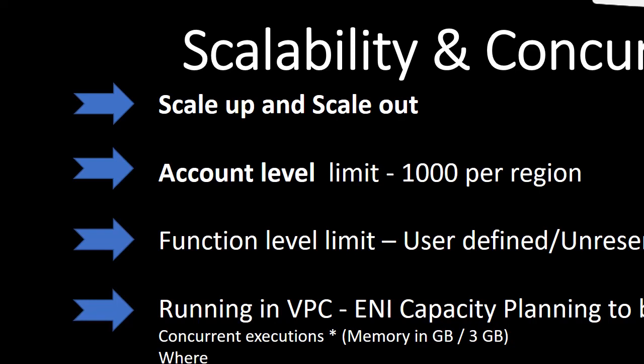Now let's talk about the second type of scalability, which is horizontal scalability. If your Lambda execution increases and your current container, which can have a maximum of only 3 GB memory, cannot handle it, then Lambda will automatically spin up other instances to handle the execution load.